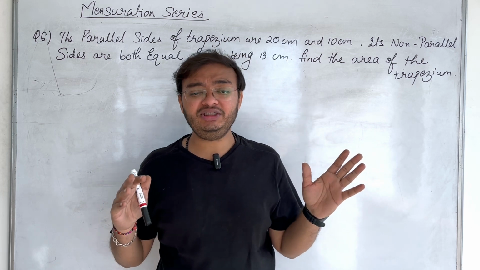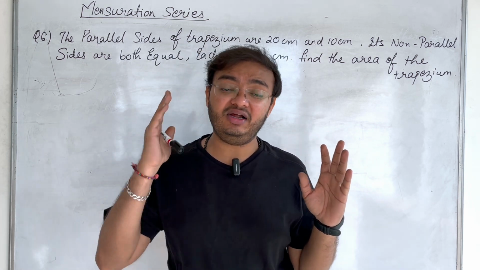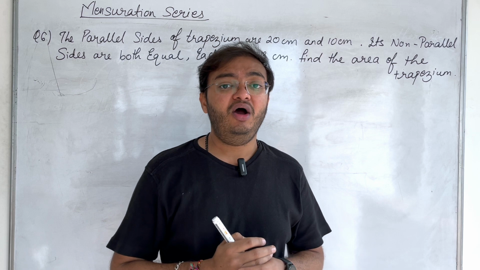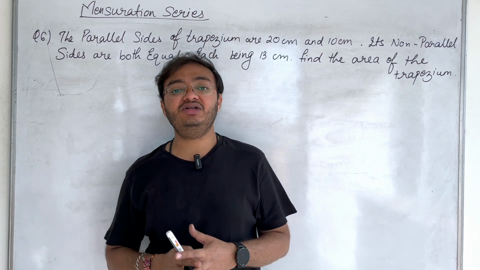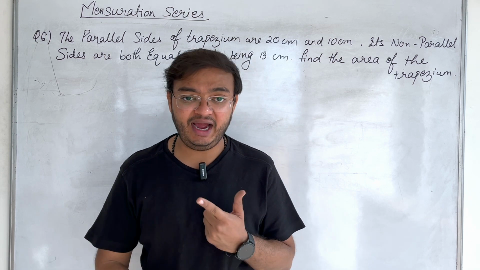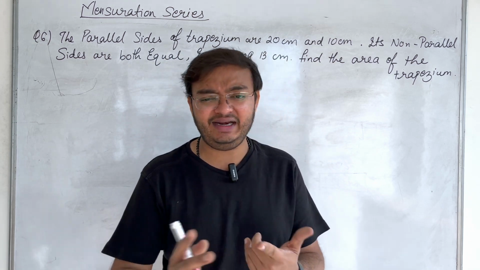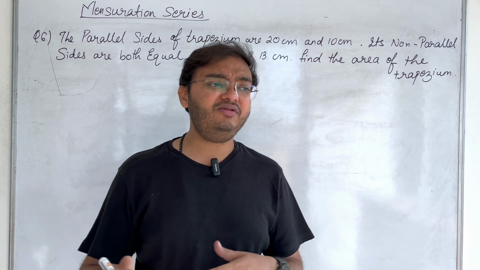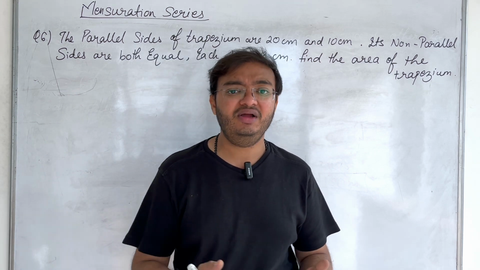Till now, in whatever questions you have seen, we had the direct answers of all the essentials needed for solving sums. Like we had the height, we had the parallel sides, directly given to us, or in the form of ratios or in algebraic form.